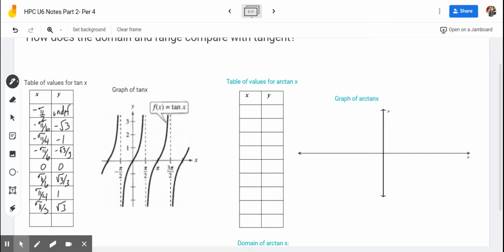And then at pi over 2, we would have another vertical asymptote, so it's undefined there.